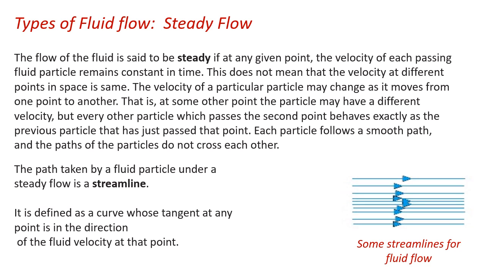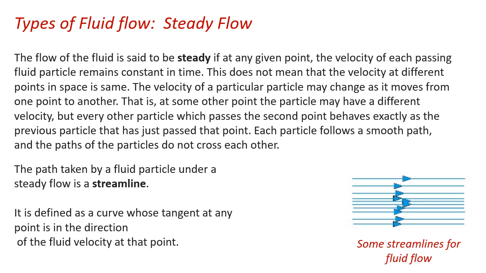The velocity of a particular particle may change as it moves from one point to another. That is, at some other point, the particle may have a different velocity, but every other particle which passes the second point behaves exactly the same as the previous particle that has just passed that point.